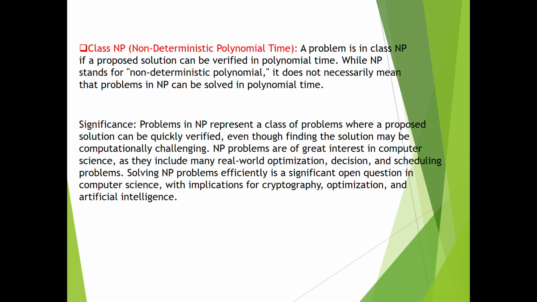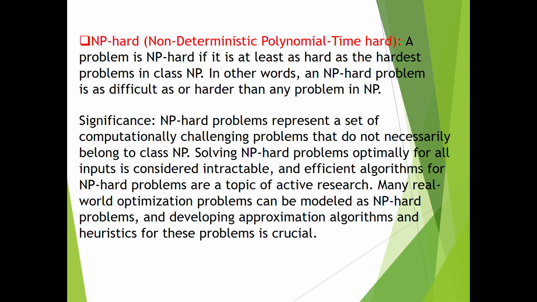Then non-deterministic polynomial time, that is class NP. A problem is in class NP if a proposed solution can be verified in polynomial time. NP stands for non-deterministic polynomial; it does not necessarily mean that a problem in NP can be solved in polynomial time. What is NP hard? A problem is NP hard if it is at least as hard as the hardest problems in the class NP.